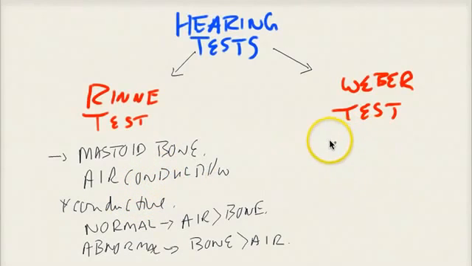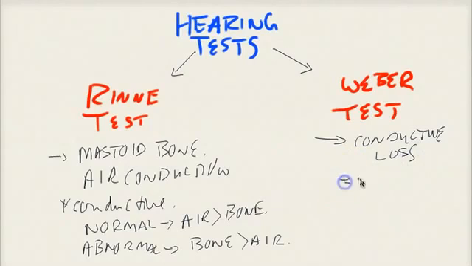Now the Weber test, this is a test where we put that tuning fork in the middle of the forehead. If there's conductive loss, what you're going to see is that vibration isolates to the congested ear.